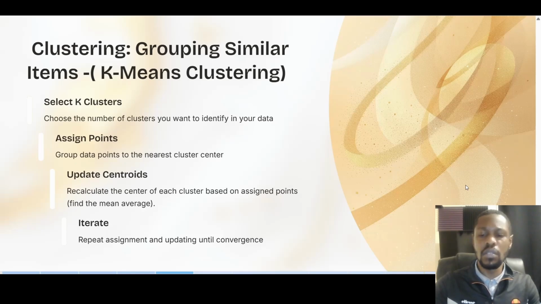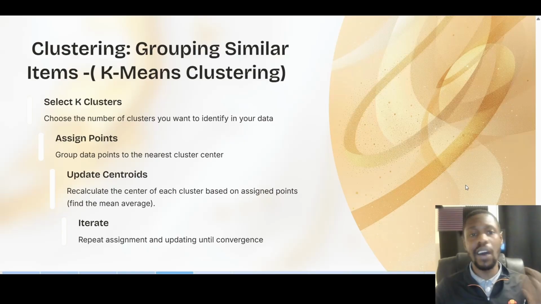Okay, and so we use something known as clustering in order to do this, and we have different clustering methods or algorithms which we can use in order to group similar items together. The first one we're going to take a look at is a method known as k-means clustering, and it works essentially in this format. We select the number of clusters, which is labeled as k. So we choose a number of clusters that we want to identify within our data set. The next step is that we assign points within this data, which we're going to form groups around.